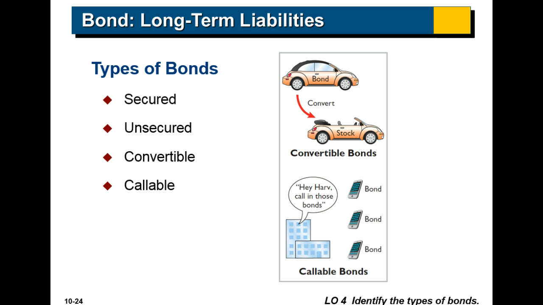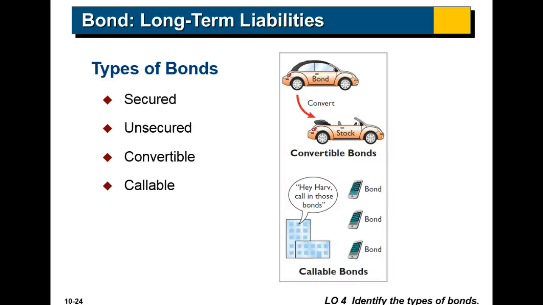There can be secured bonds, unsecured bonds, convertible and callable. Secured bonds are a little more secure because they are attached to some type of asset in case of default. Unsecured bonds can be a little riskier because you're going to lend them money in good faith.